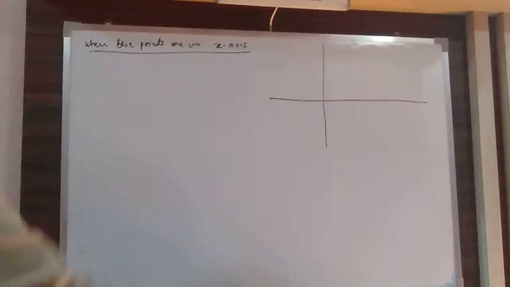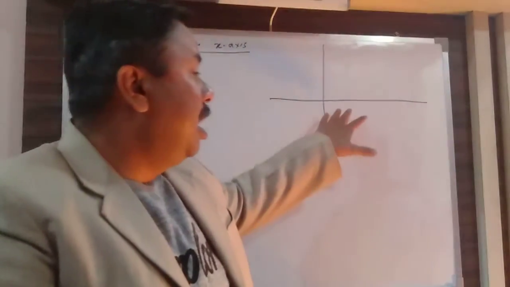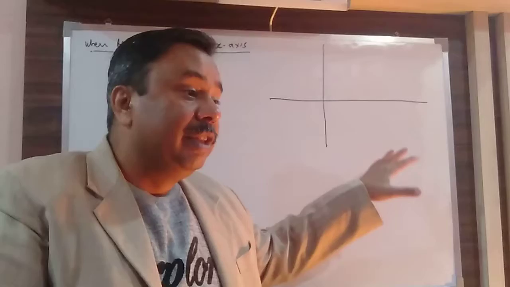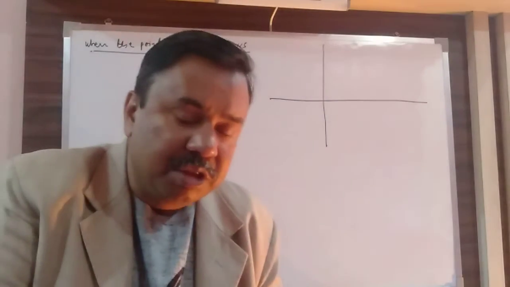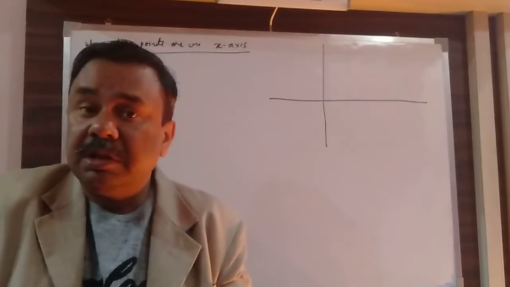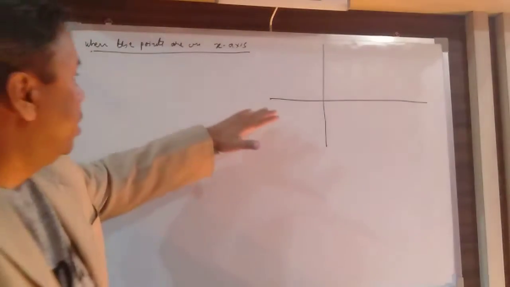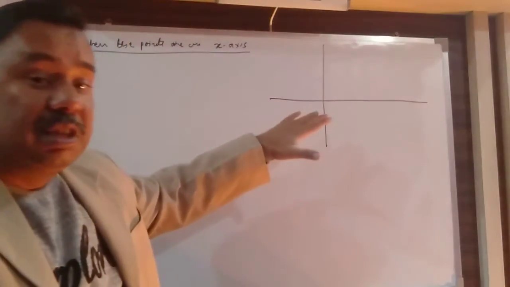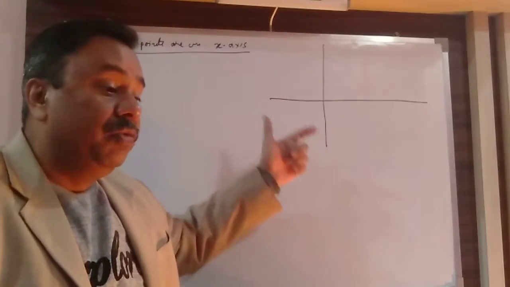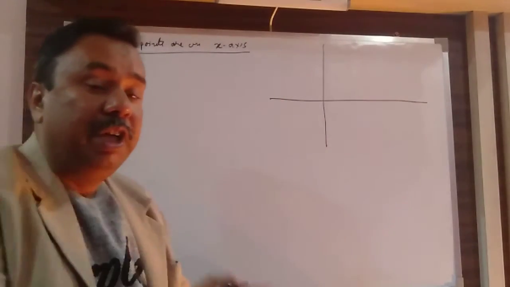What does this mean? If the points are on the x-axis, that means what is the distance of that point from the x-axis? 0. Okay, so the distance of that point from the x-axis is 0. So what will be the y coordinate? Y coordinate will be 0.